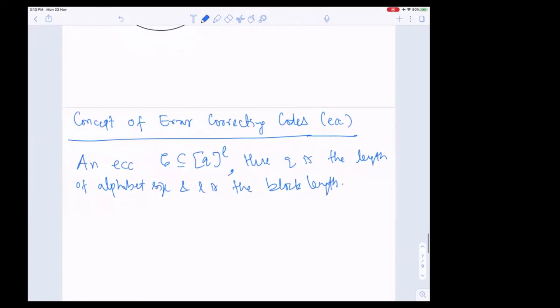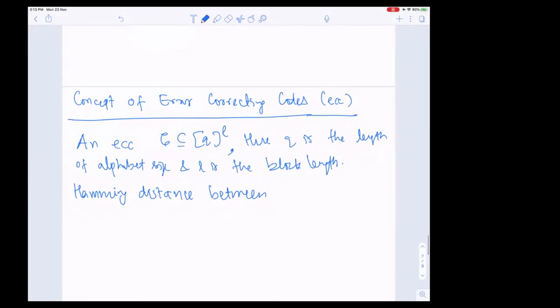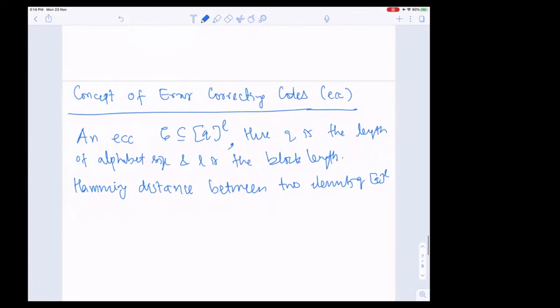And the Hamming distance between two elements of Q to the power L is the number of entries where they differ.